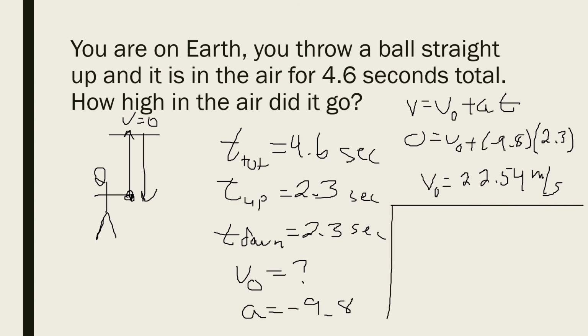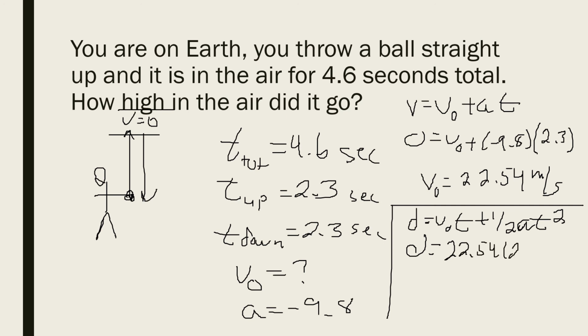So I did the equation I like last time. You can do that again. Or you could go ahead and use the D equals V naught T plus 1/2 AT squared. I'm going to show you this way this time. D equals the V naught is 22.54. The time is 2.3. You've got to use the T up because that corresponds to the highest point. Don't forget those little details.